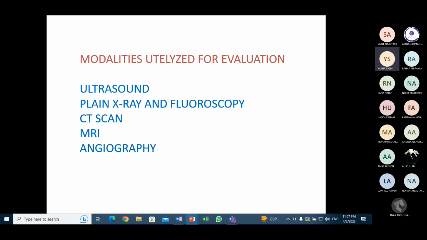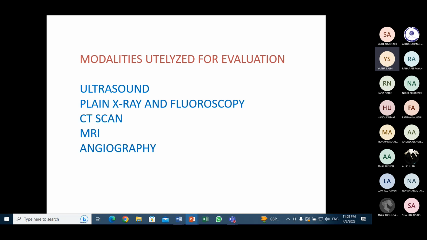So, the imaging modalities commonly performed for assessment of the female reproductive system: the commonest one is ultrasound. Ultrasound is the commonest imaging technique used for assessment of the female reproductive system. The other modalities are plain X-ray, which is limitedly used, and fluoroscopic techniques, which are very important especially in performing hysterosalpingogram.